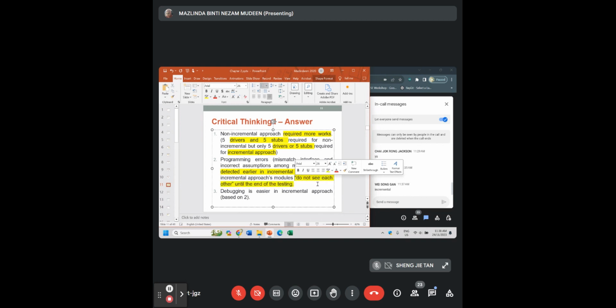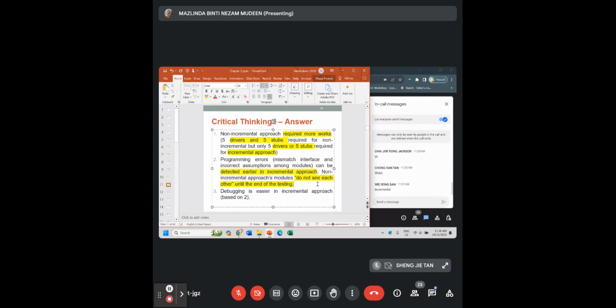By then the complexity is already there and it is considered very late, so whatever simple programming errors will give us a big headache in non-incremental approach.